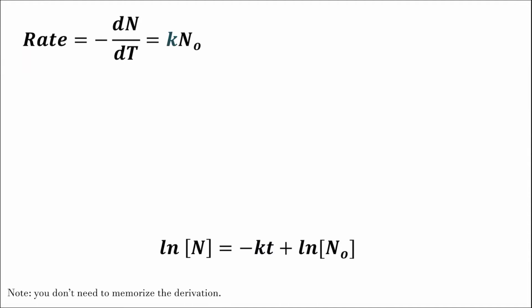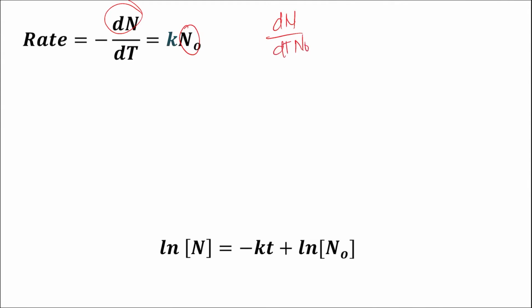We isolate dn and n here, so divide both sides by n, giving us this type of equation. Yung dt, hiwalay natin dun sa kanan, giving us dn over n equals negative k dt.